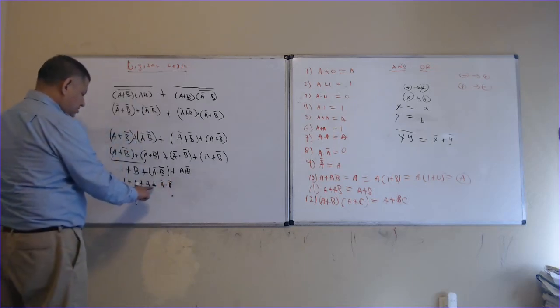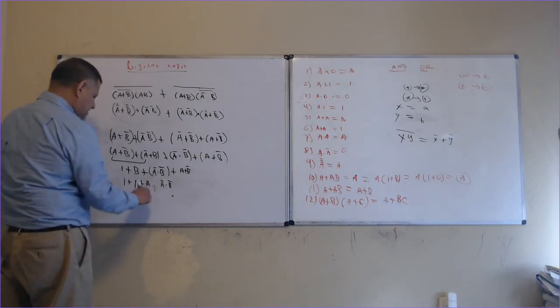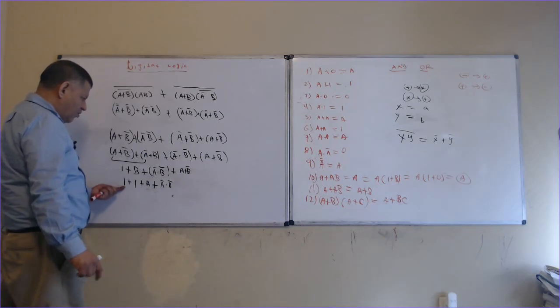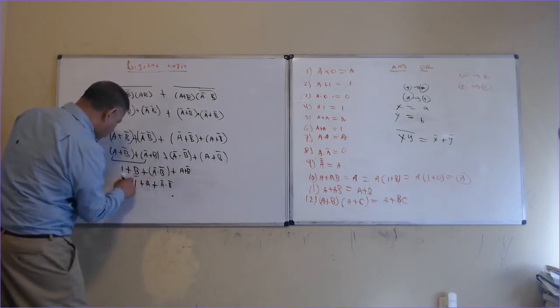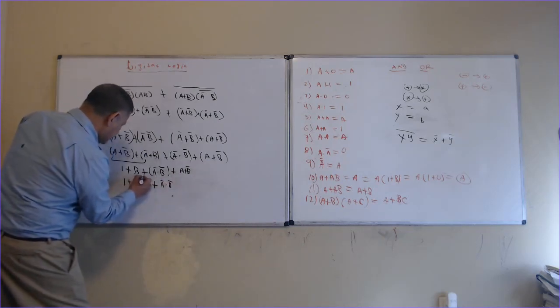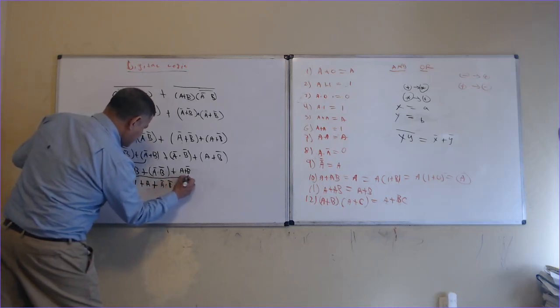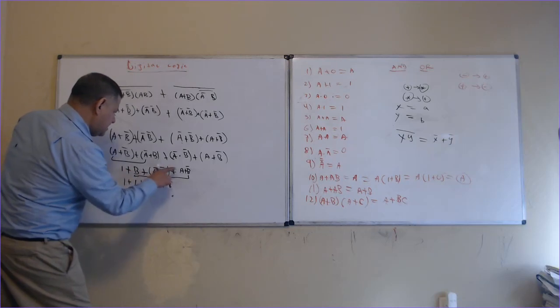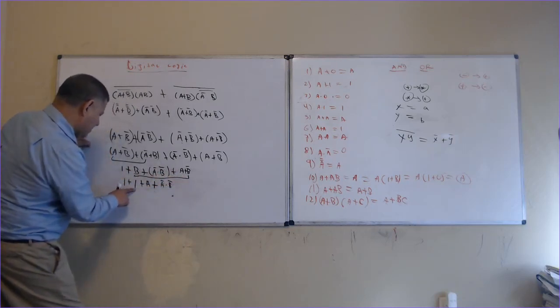Okay, so look at this. The same thing. One, why do we have this one? It's because of this. B not B is equal to 1.